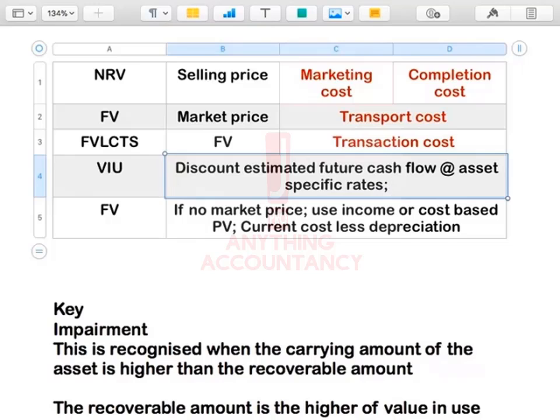Pre-tax or post-tax? Pre-tax or post-tax rates? This one will be pre-tax or post-tax?